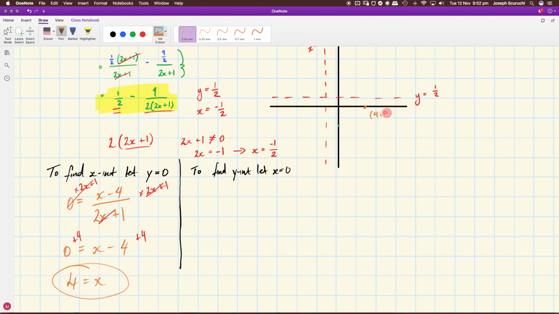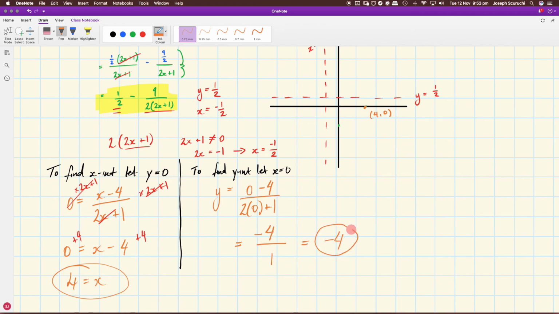4, 0. To find my y-intercept, I'm going to let x equal 0. 0 minus 4 over 2 times 0 plus 1. So that is going to equal negative 4 in my numerator. 2 times 0 is 0 plus 1 is 1. Negative 4 over 1 is negative 4.